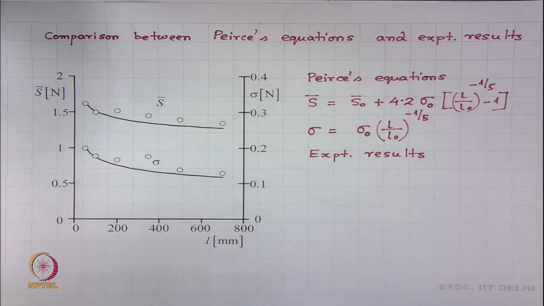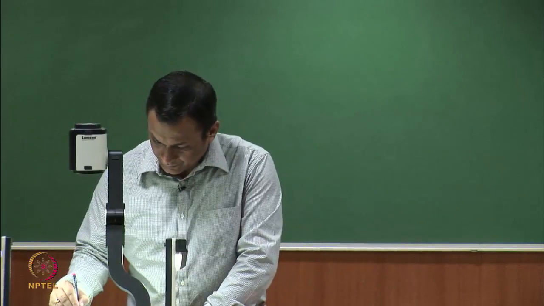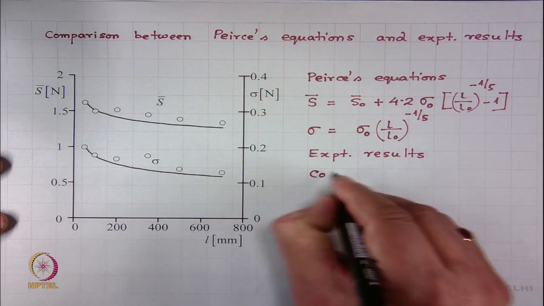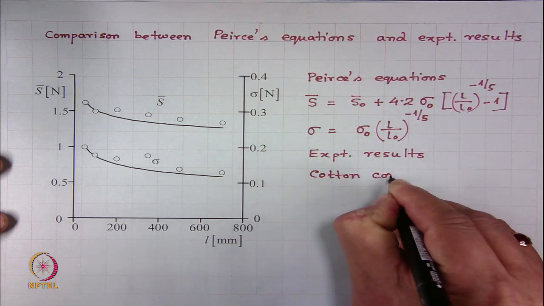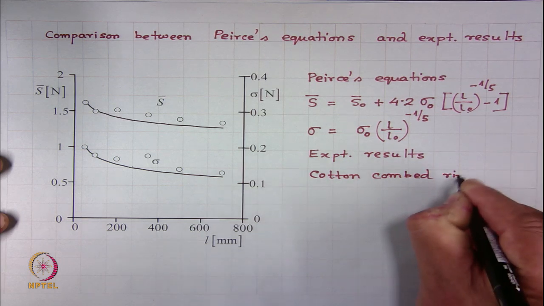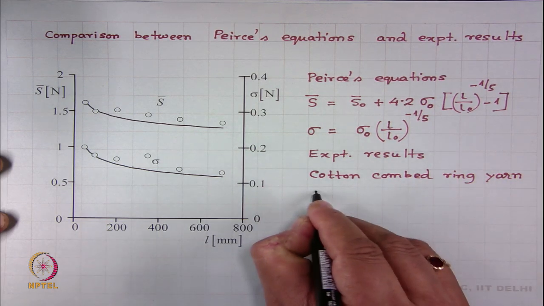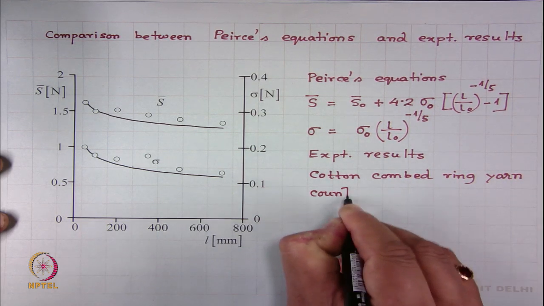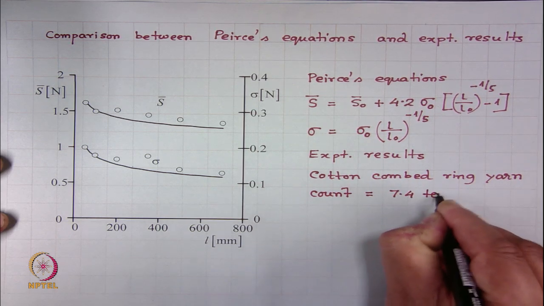So, we have taken a cotton combed ring spun yarn. The count of the yarn was 7.4 tex.